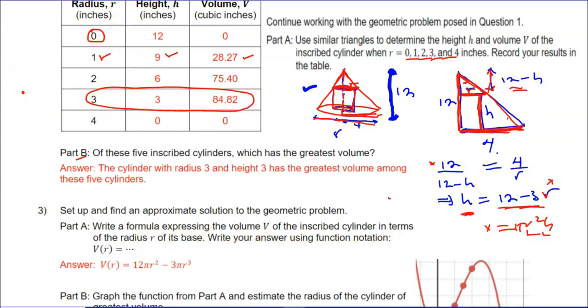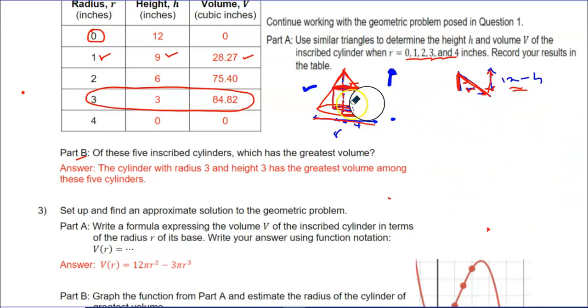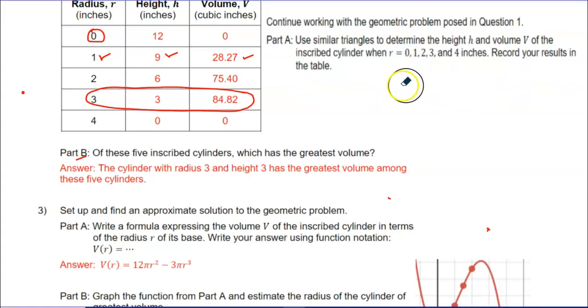Now, what we want to do is find the volume of our cylinder in terms of the radius.